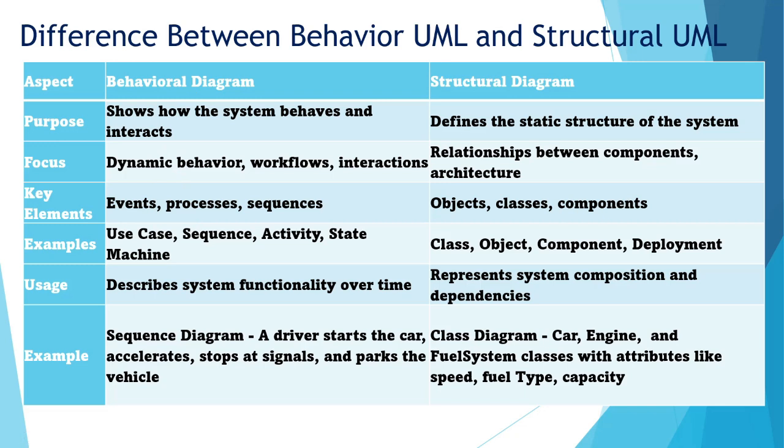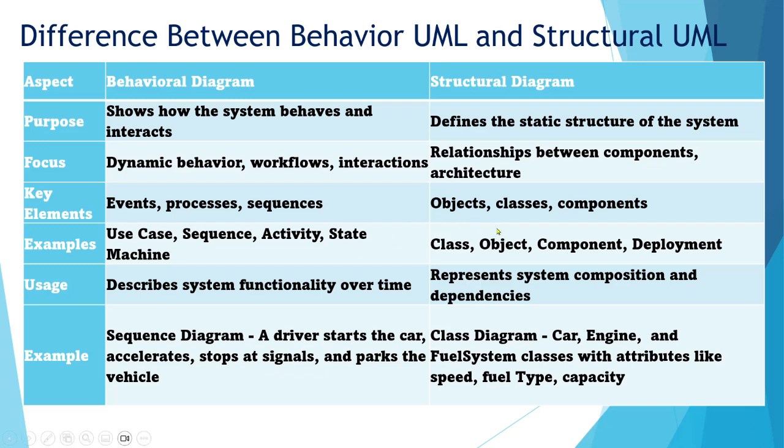Now, see, when I start the car, at that time, what will be the sequence? When some event happens, if I press the brake, what will happen? Like that, all these things are explained within this behavioral diagram. And within the structural diagram, object classes and components are given with their attributes.